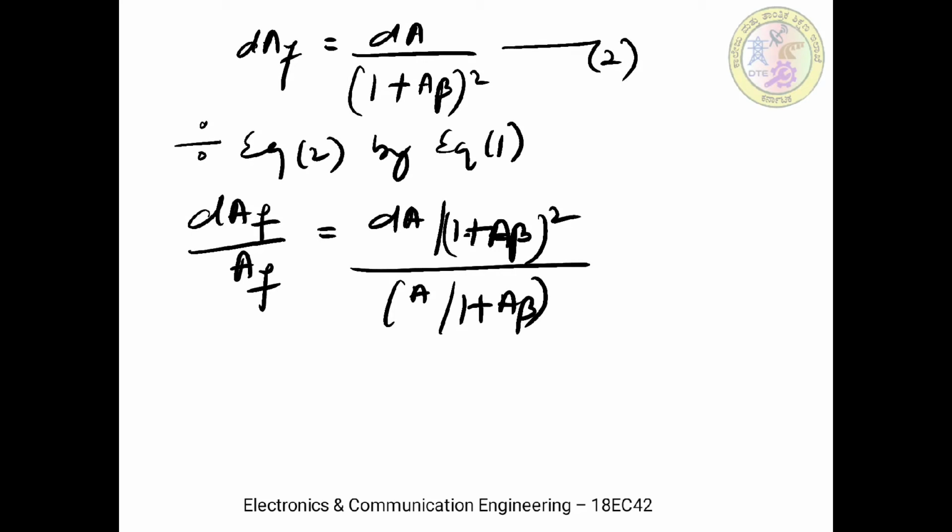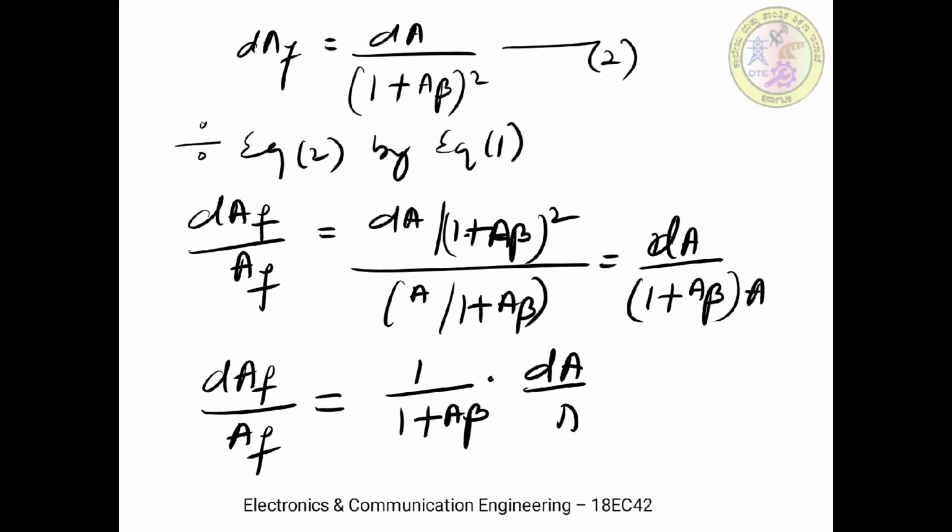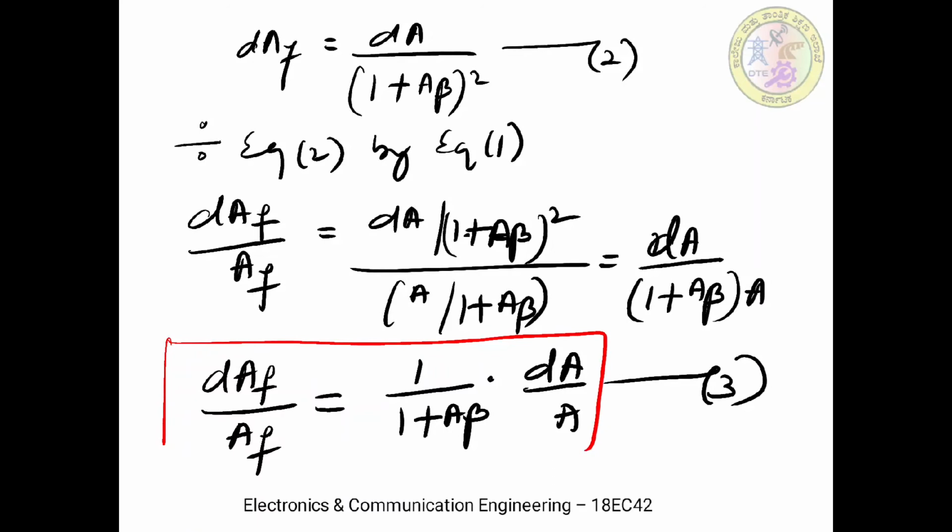So this is going to give us dA by (1 plus A beta) into A, or we can write dAF by AF equal to 1 by (1 plus A beta) into dA by A. This is an important relation here. So dAF by AF equals 1 by (1 plus A beta) into dA by A.